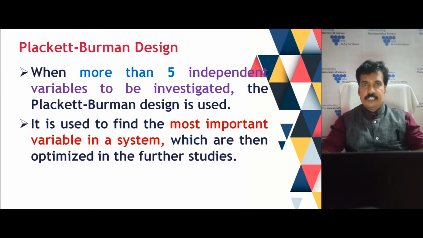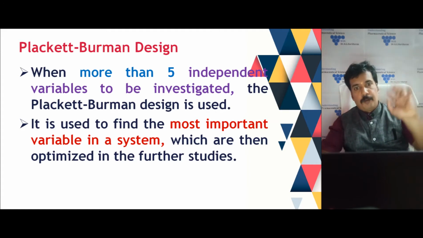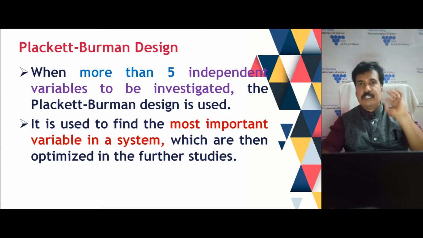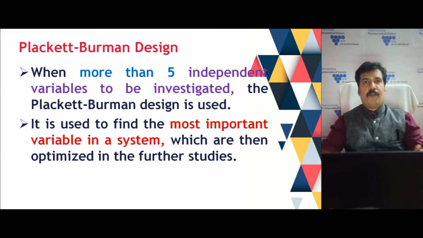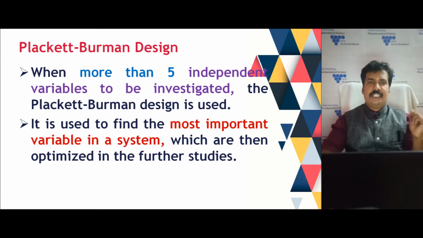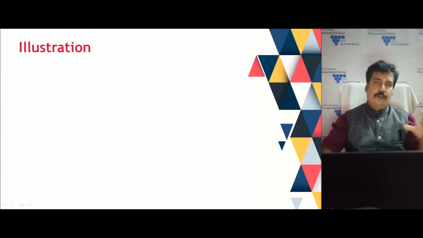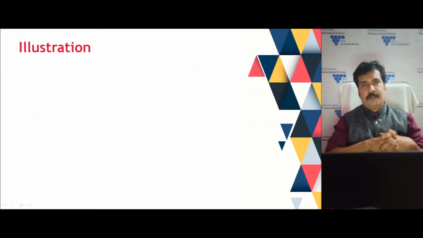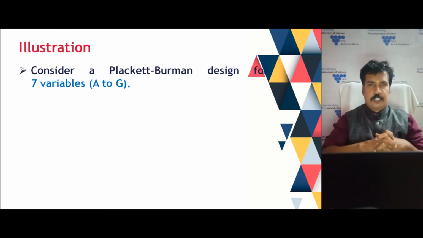Second, with this design we can still find out which variable is the most important one and which is the least important one. Then, of the most important ones, we can optimize easily, right? So I can explain this Plackett-Burman design with a simple illustration.